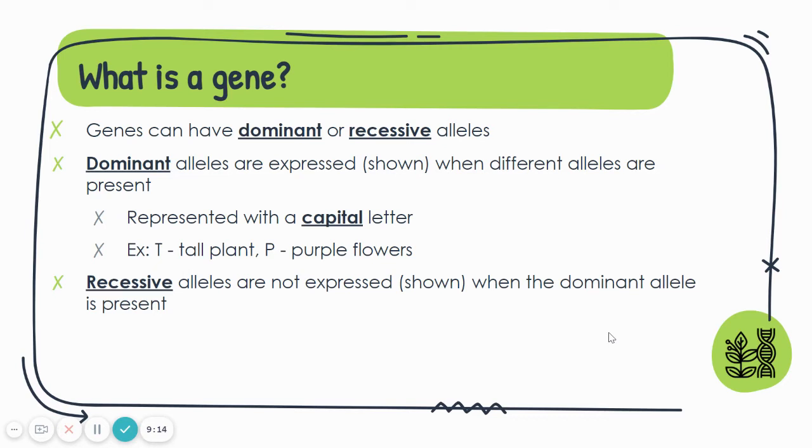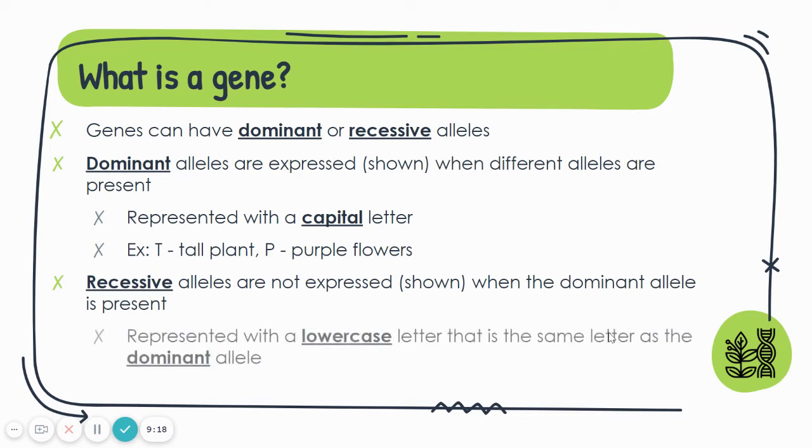Recessive alleles are not shown or not expressed when the dominant allele is present. They're represented with a lowercase letter that's the same letter as the dominant allele. For example, a lowercase t would be a short plant. Lowercase p would be white flowers. So you are only going to see the white flowers if there's no capital P, right? So you have to have 2 of the lowercase letters to see that trait.